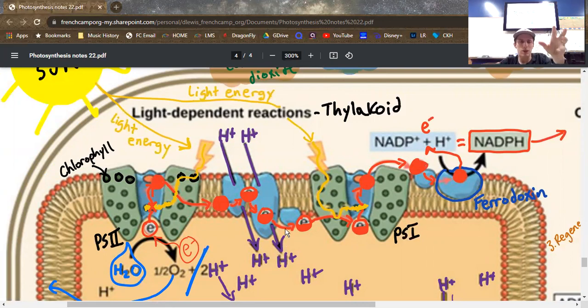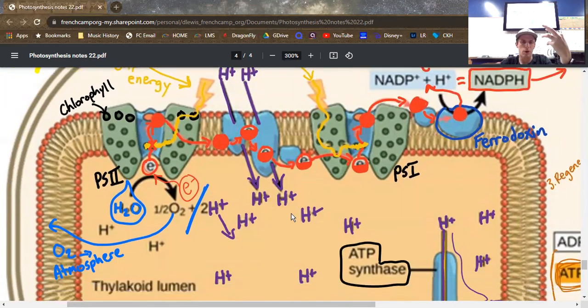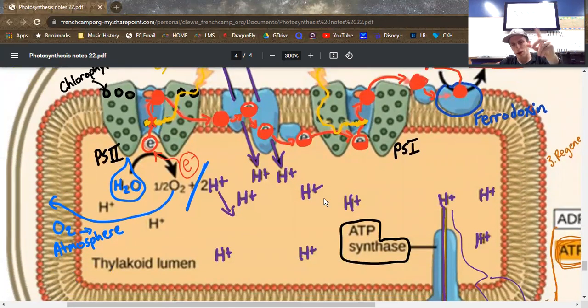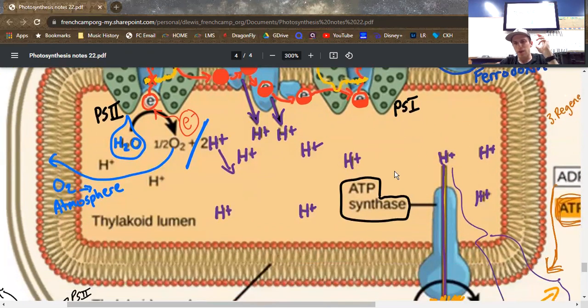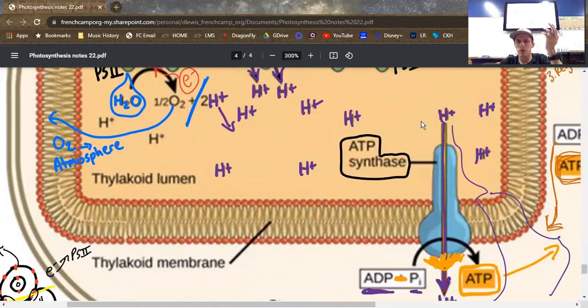So how do we get the other things around here, and what purposes do these H plus serve? Well, we'll start with the H plus and then I'll work my way over here and work to water. But the H plus are going to fill the thylakoid membrane. And then as they fill, they're going to naturally move from an area of high concentration to an area of low concentration. And so when we move from high to low, that's passive transport.